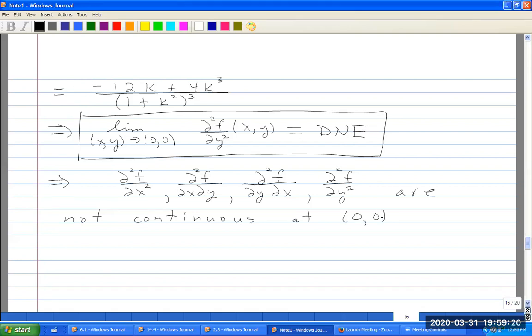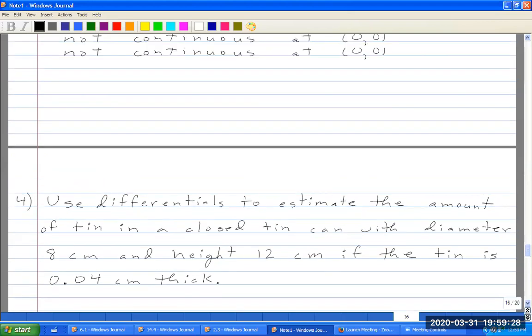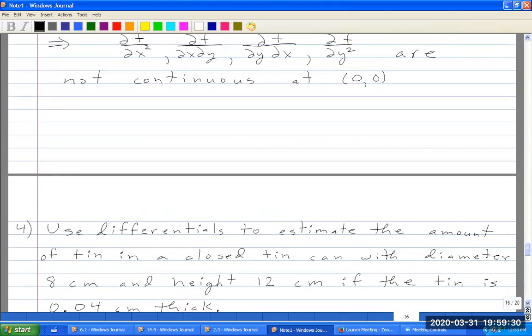And so none of these partial derivatives are continuous at the origin. Okay. Let me do problem number 4.